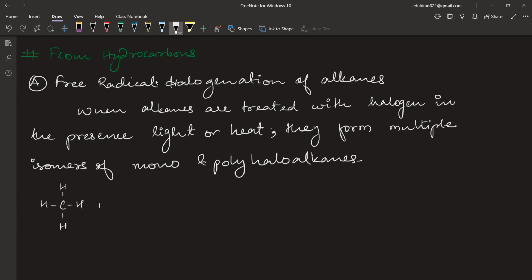Suppose we have methane and you react this with Cl2 in the presence of light. What is going to happen? One of the hydrogen atoms will be replaced by chlorine and HCl will be removed.